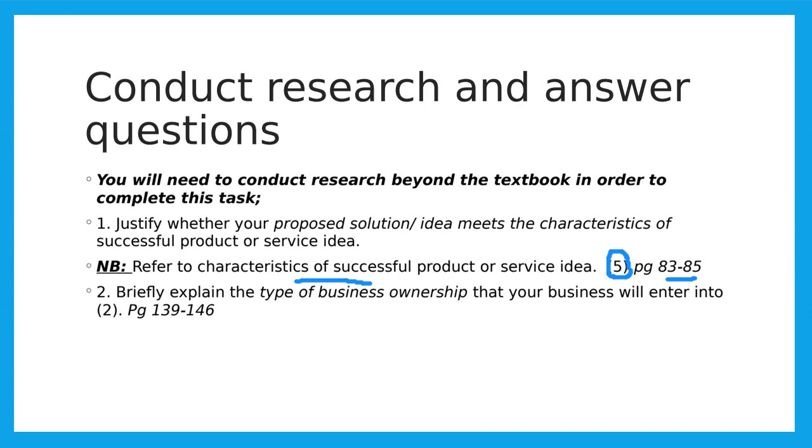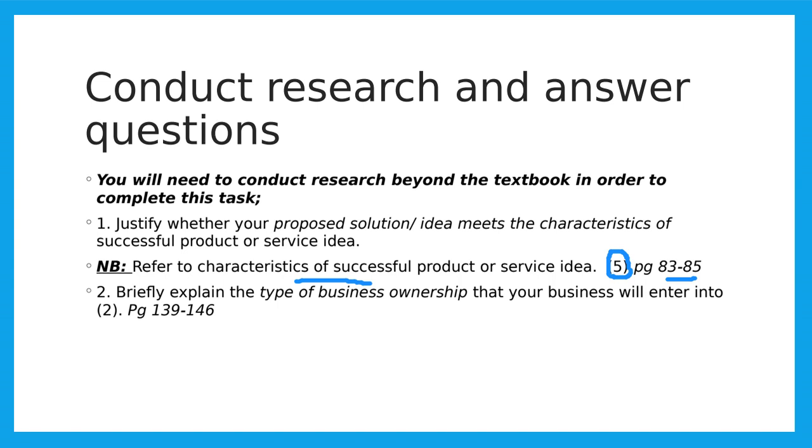Do we reference our answer where we link the characteristics to our product? So obviously the product that you have developed does not have to be referenced, but any characteristic that you found in the text would be referenced. If you are speaking about your product and its link, then that is not referenced. So your product is your product.